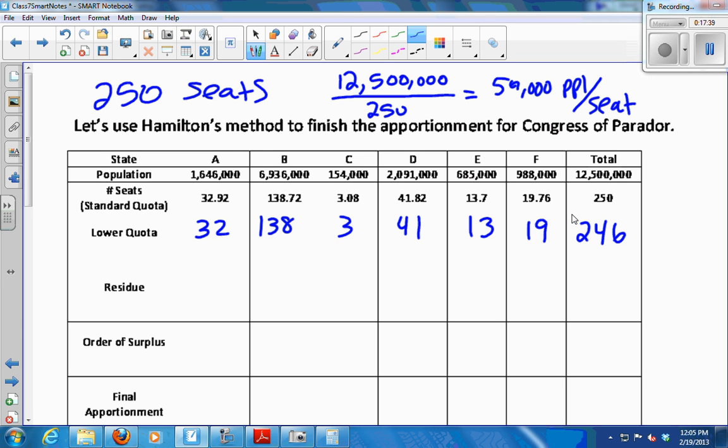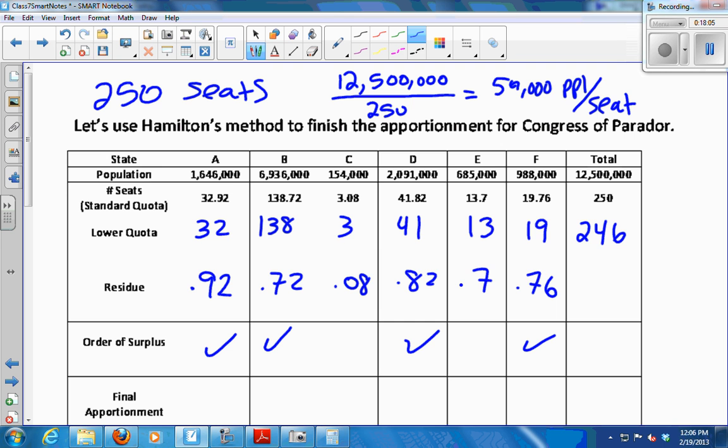Yep, we look at the decimal pieces, the residues: 0.92, 0.72, 0.08, 0.82, 0.7, 0.76. And I have 4 seats to give out, so who should I give them to? The 0.92. Yep. And 0.72, because I have 4 extra seats.